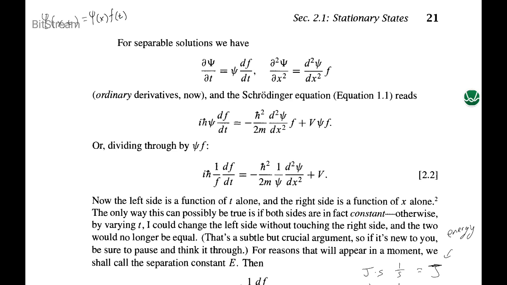So first off here, and I'm going to try very hard to make capital psi look different from lowercase psi, for our solutions, we know that our Schrödinger equation reads like this.